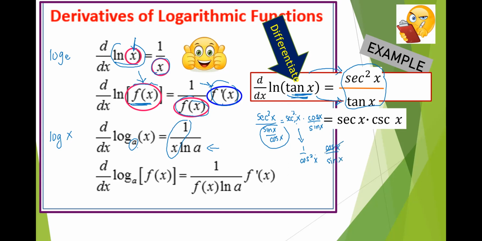So magka-cancel lang yung cosine x. This portion is your secant x and 1 over sine x is cosecant x. But simplifying from this to this is optional. This one will suffice, okay na po ito, kasi this will require some identities which we did not recall anymore for this video.